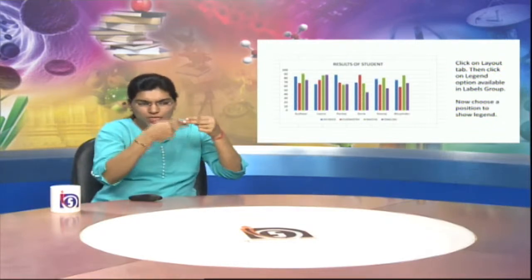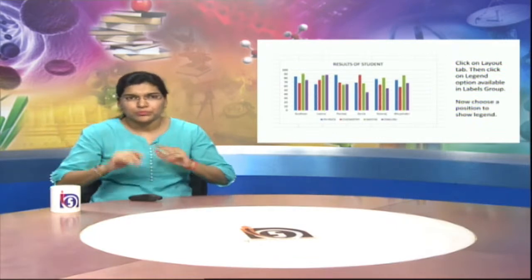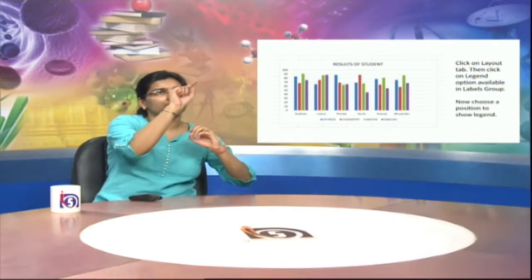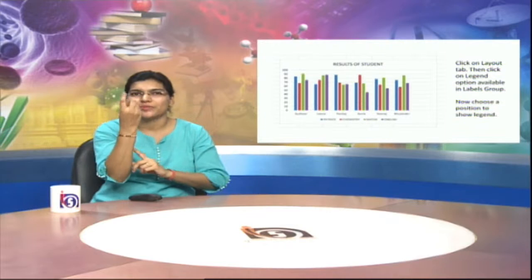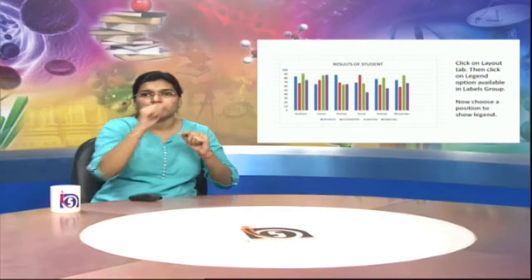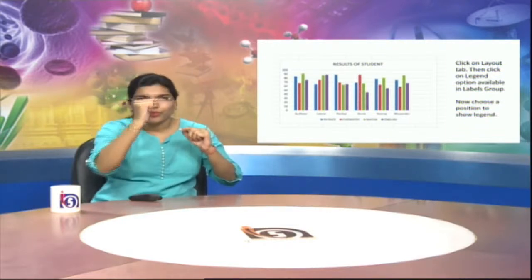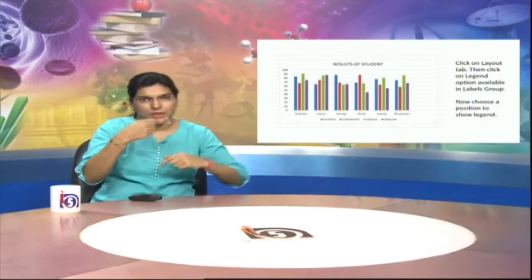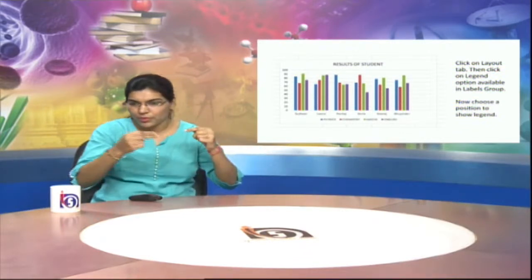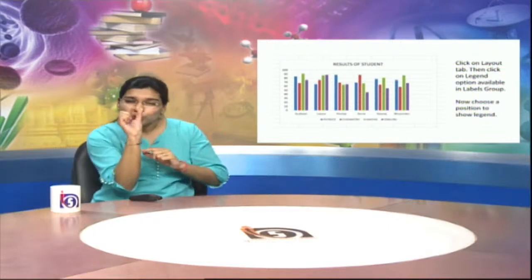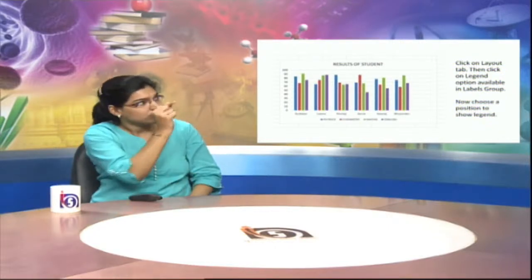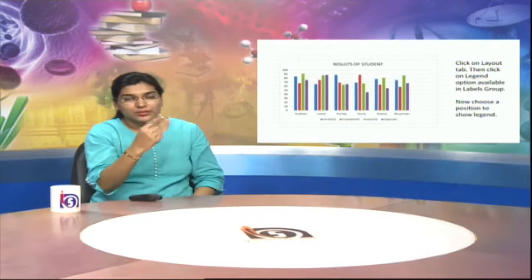So this is the column chart where students' names are written there and the marks are shown from 0 till 100. So accordingly 80, 90, whatever marks are there, it is shown with the name of the students, and colors show the subjects.